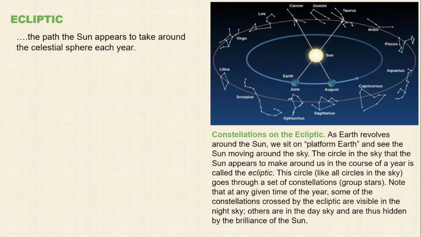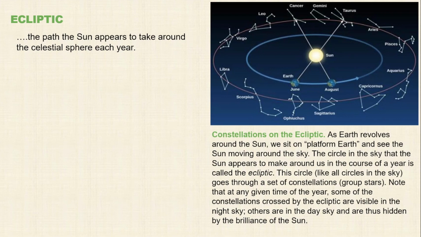And the other important term, the ecliptic. Okay. I hope now you all have memorized or know what the celestial sphere is. It's the projection of the sky above us. It's like a dome around us, and it appears that every star and the sun are embedded into that dome, into that sphere, and they rise and set.